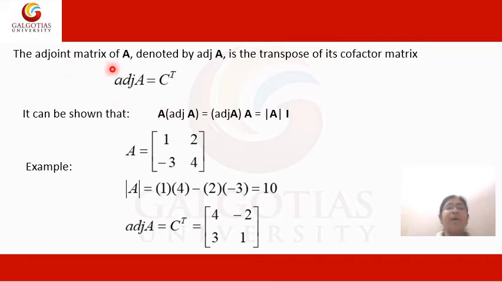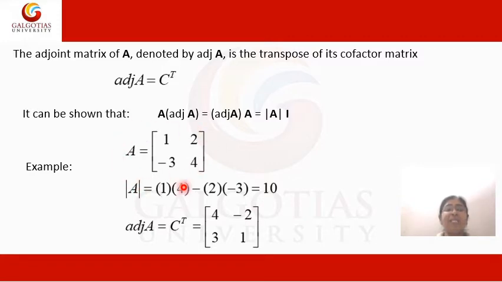Now, the adjoint of a matrix A, denoted adj A, is the transpose of its cofactor matrix. So adj A is equal to C transpose. It can be shown that A into adj A is equal to adj A into A, which is equal to determinant of A into I. Now A is [1, 2; -3, 4].